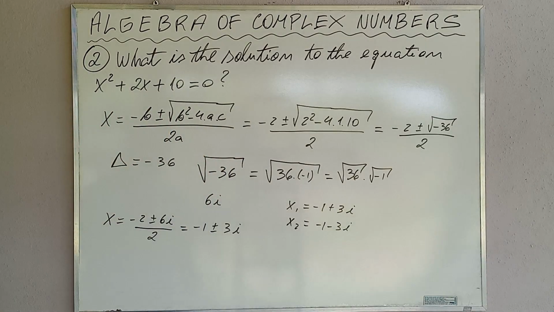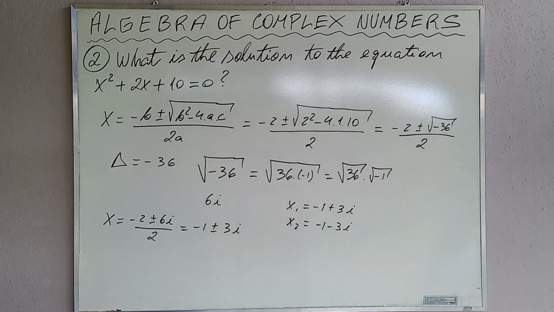Observe the solutions. The numbers x1 equal to negative 1 plus 3i and negative 1 minus 3i are complex numbers with a real part and an imaginary part. The real part of each of them is negative 1, and the imaginary parts are 3i and negative 3i.